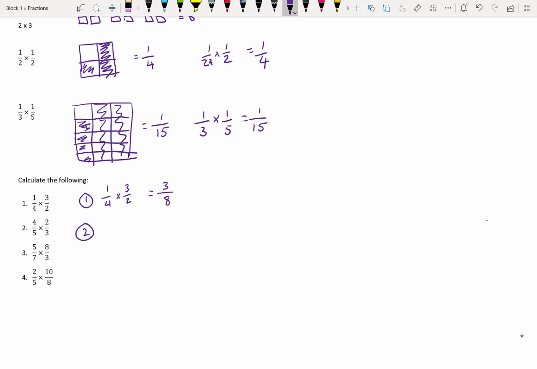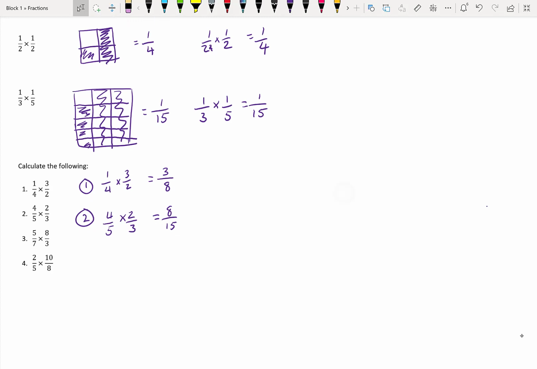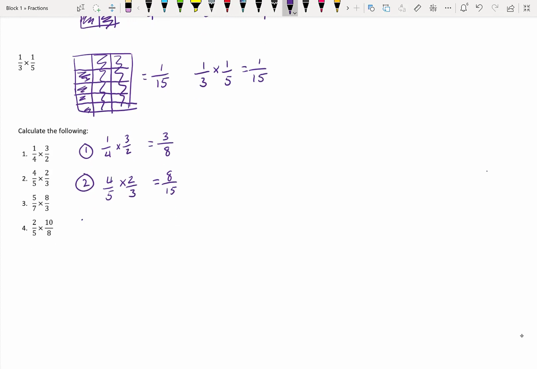The second one, we've got 4 over 5 multiplied by 2 over 3. Top times top, so 4 times 2 is 8, over 5 times 3 is 15. And each time we get the answer, just like when we did our addition and subtraction, we should be looking to see whether we can simplify the fraction down. In neither of these cases can we do that.